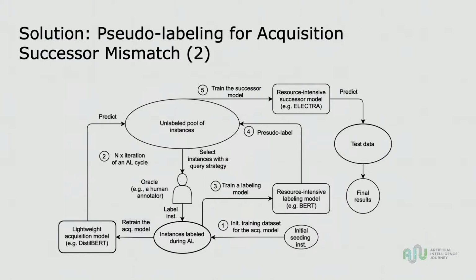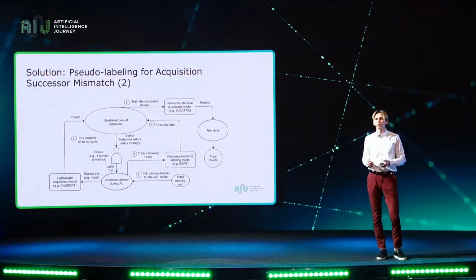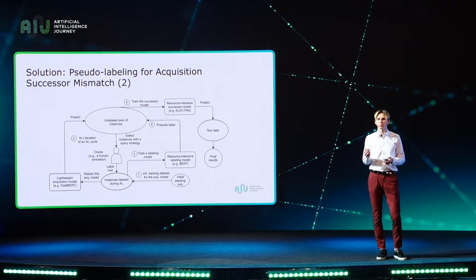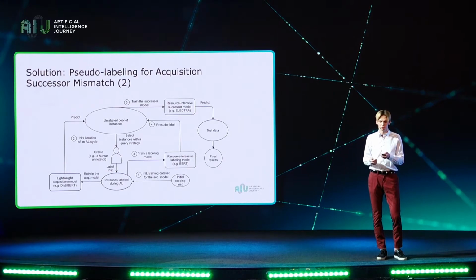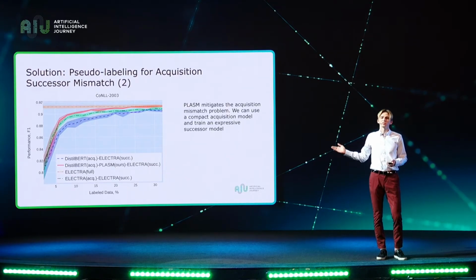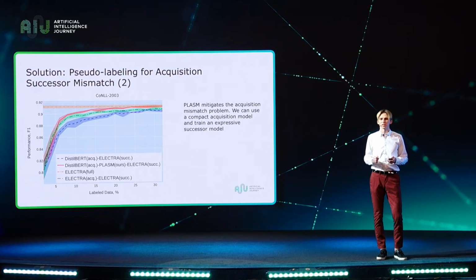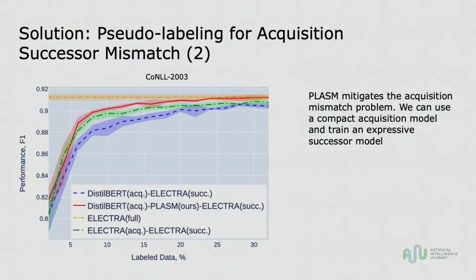So we have the outcome dataset where a big part is labeled by the model, together with a human-annotated part, which is not that big. Then we have a powerful model, Electra. We forecast on the test data and we get the results. On the slide, you can see the curve where the red line corresponds to our algorithm, PLASM.